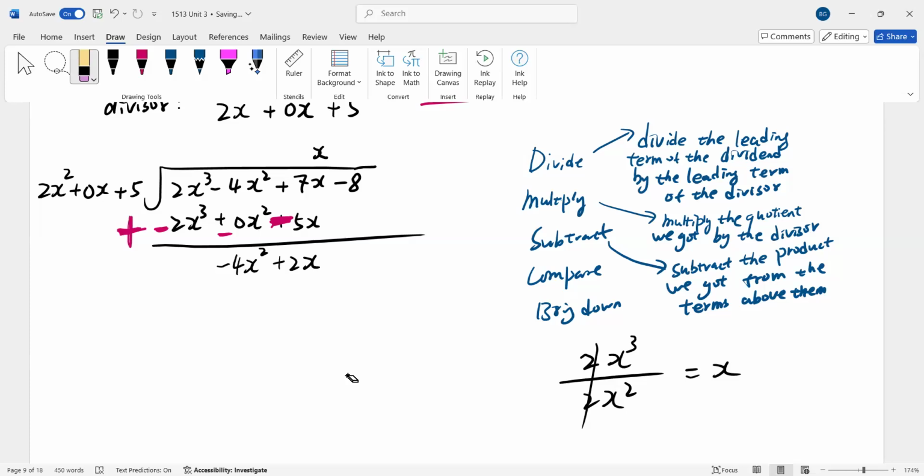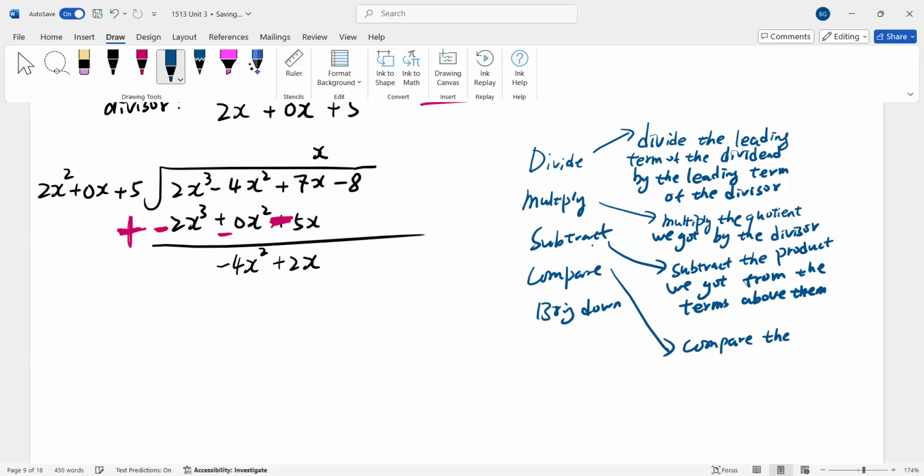And then we compare what? Compare the degree of the difference with the degree of the divisor.